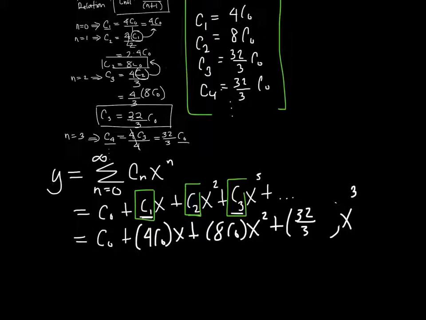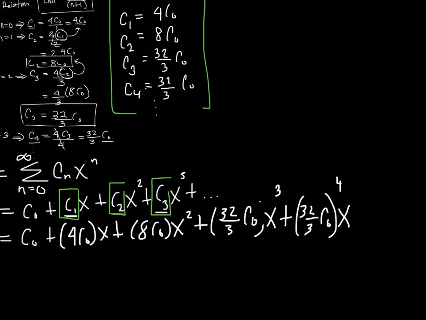So let's see, C0 plus C4, which was 32 thirds, again, C0, x to the 4th power, and again, I can just write dot, dot, dot.